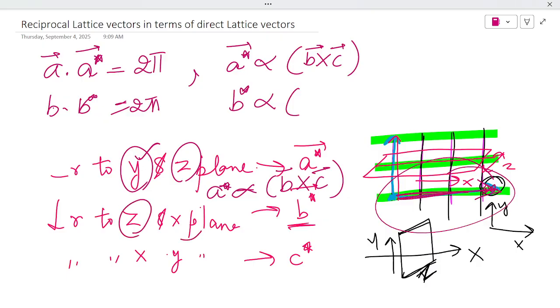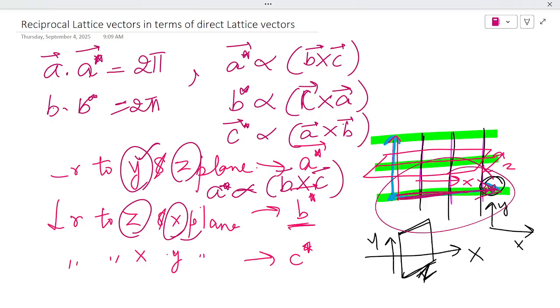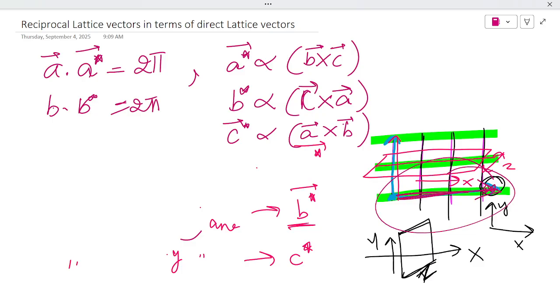B is perpendicular to Z and X plane, so it will be C vector cross A vector, and our C star will be perpendicular to A cross B vector. So I hope you all have got it what I'm trying to say here.